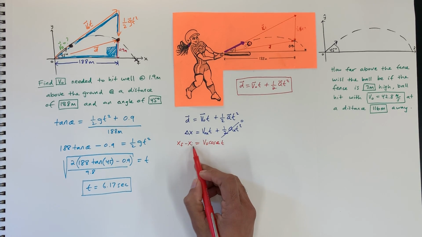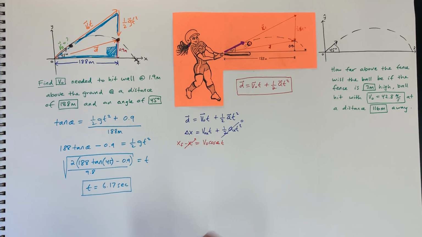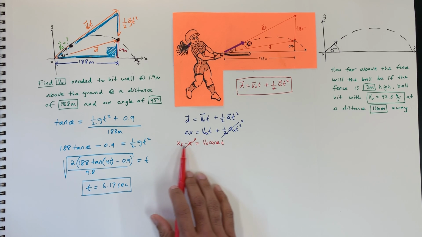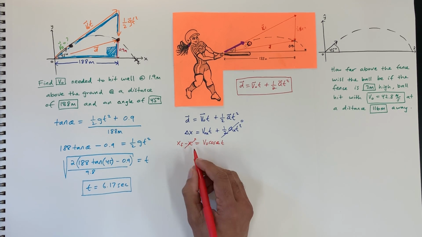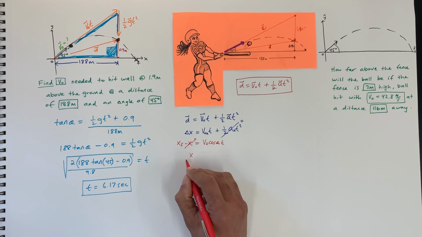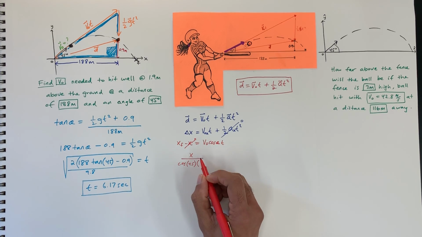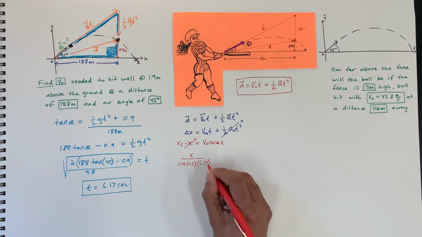The initial position started at 0, so this part we don't need. Now we have an expression that we can use to find the initial velocity. So x final, or just x, divided by cosine of 45 and the time it took to get to this point, 6.17 seconds.